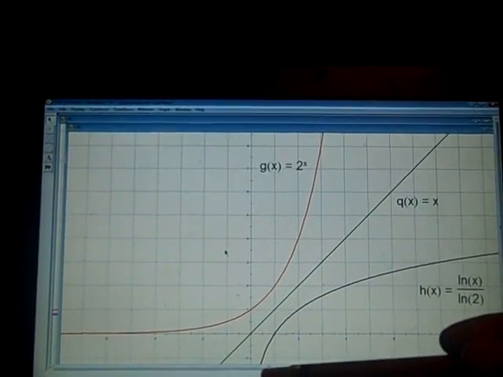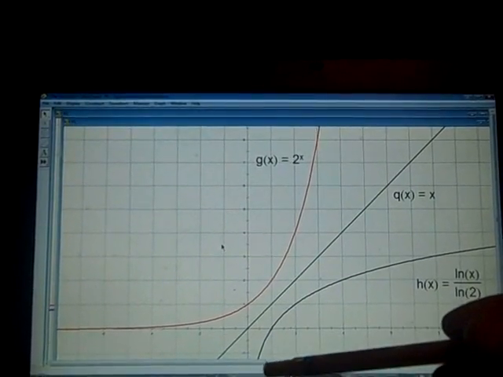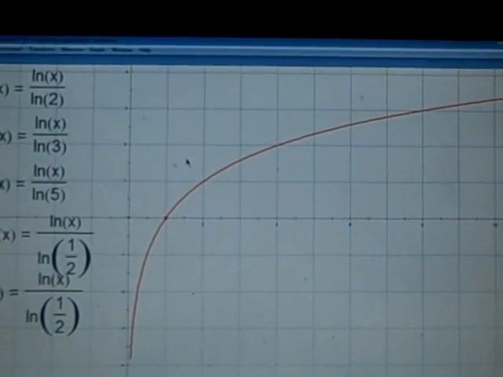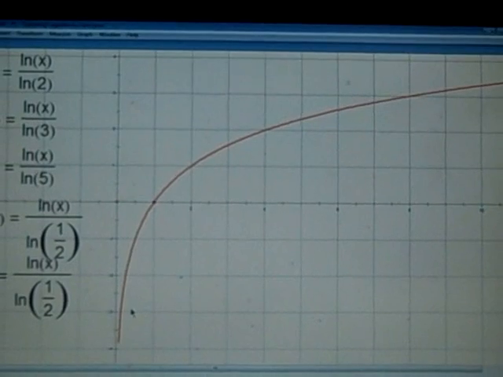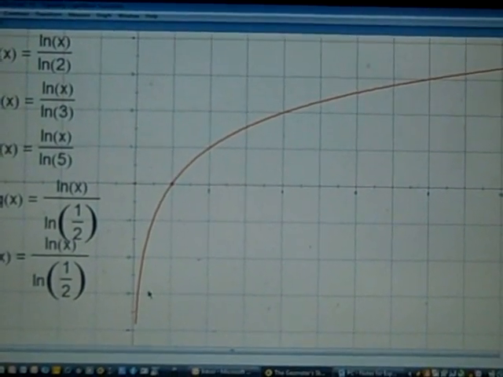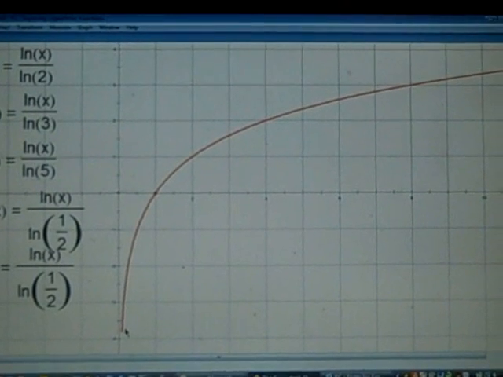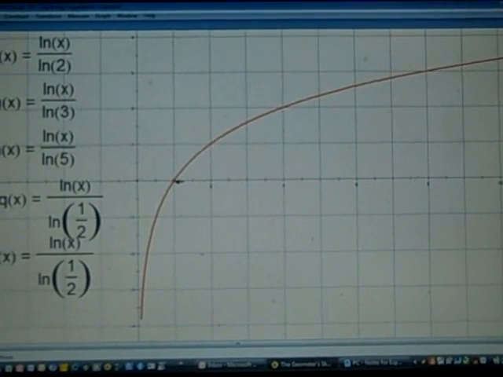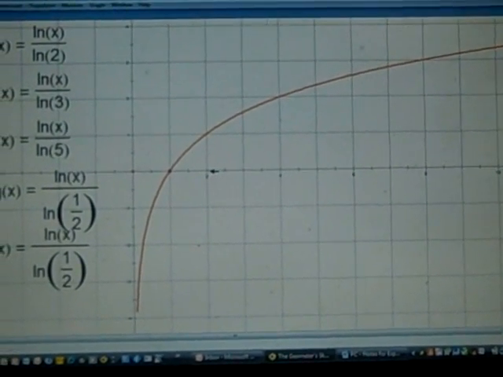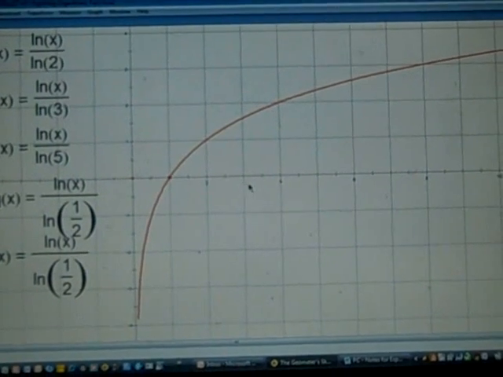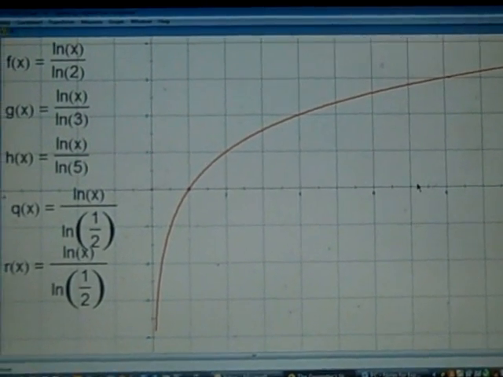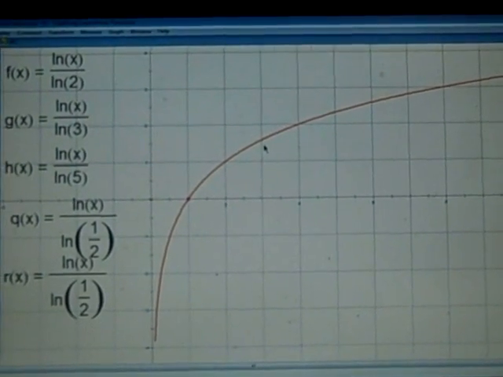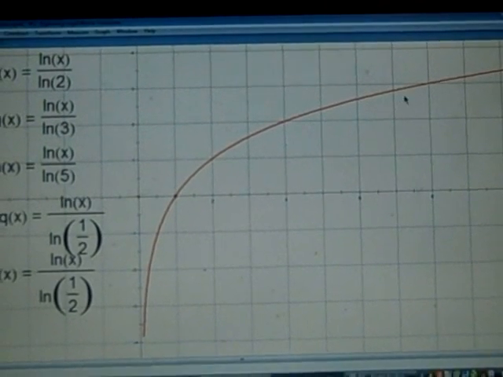Well, now I've got some properties for the logarithmic functions that we're going to take a look at. Alright, here we go. So now what I've graphed is a logarithmic function. What we saw in the last table of values is that the x values double. So as we go from an x value of 1 to an x value of 2, I realize the numbers are small and you can't see them, to an x value of 4, to an x value of 8, all the way out to an x value of 16, the y values are increasing, but they increase very, very slowly.